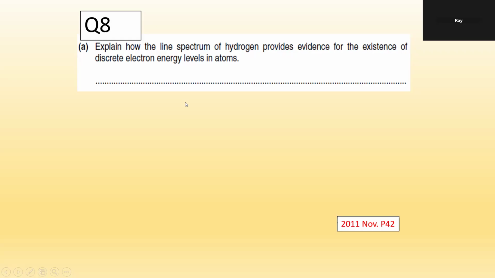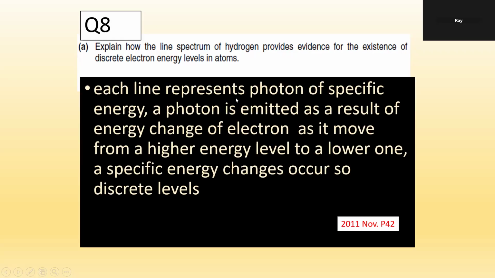So memorize. Each line represents a photon of specific energy. A photon is emitted as a result of an energy change of an electron as it moves from a higher energy level to a lower energy level. Specific energy changes occur, so discrete levels.